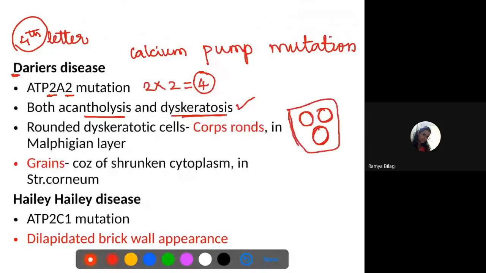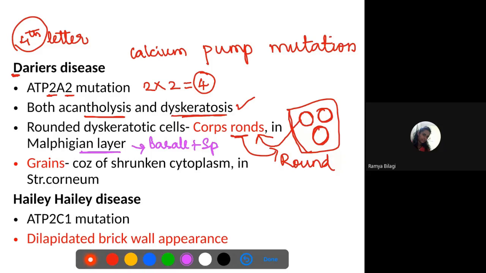We call these corps ronds. How do you remember? Ronds are round. That is how you can remember. And these corps ronds you see in the Malpighian layer. What is the Malpighian layer? Again, I'm telling you, this is stratum basale plus stratum spinosum.